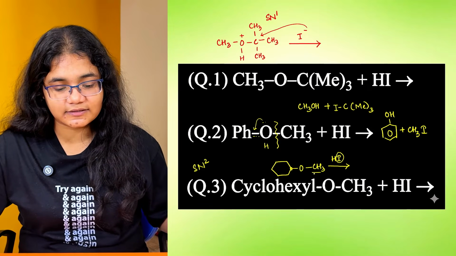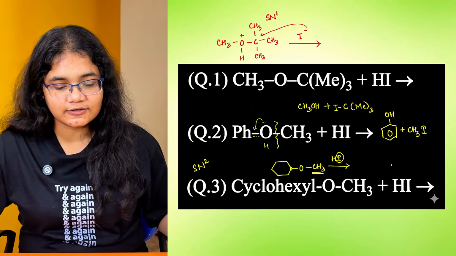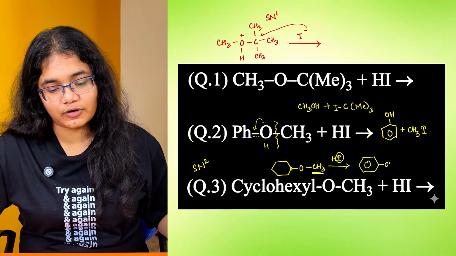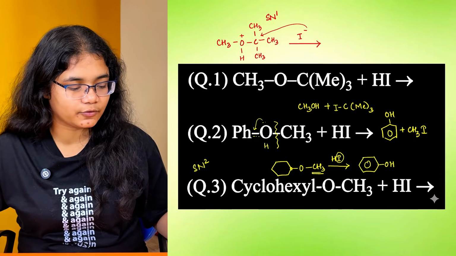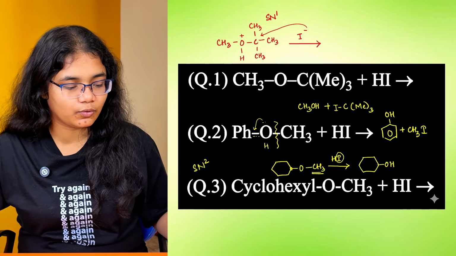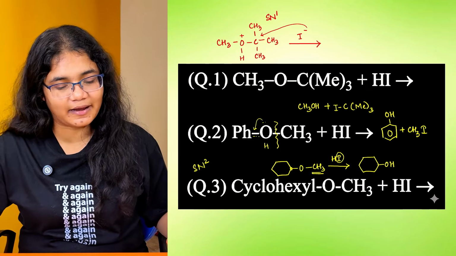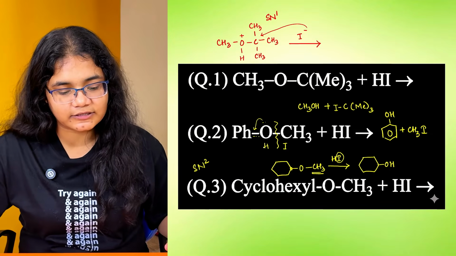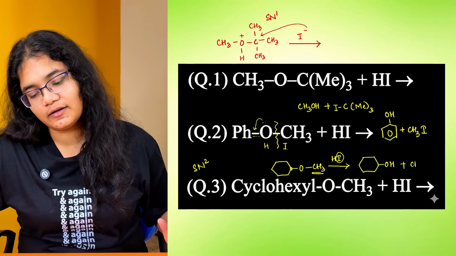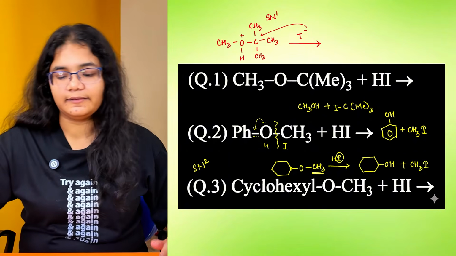So I minus, this is a smaller one, this is less hindered. So you will have cyclohexanol here. Sorry, not phenol, cyclohexanol. Okay, this is not phenol. If it were phenol, if there was a benzene ring, then the bond would always break here and H will come here and I will come here. So here I'll get cyclohexanol and CH3I.